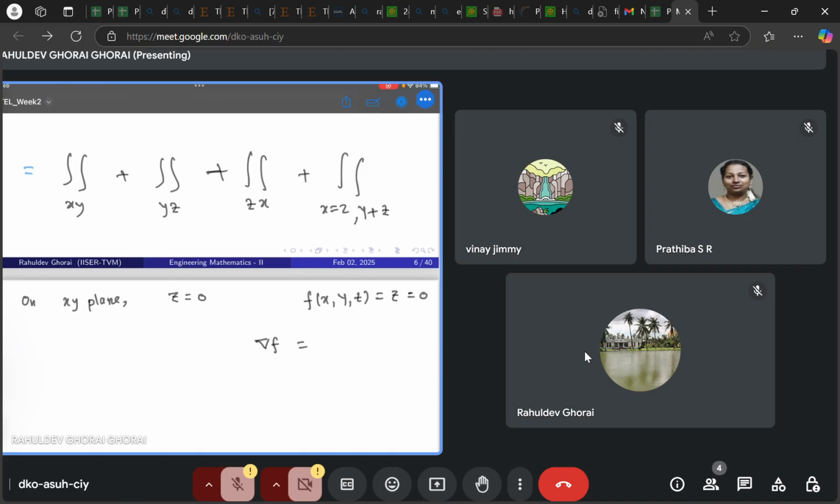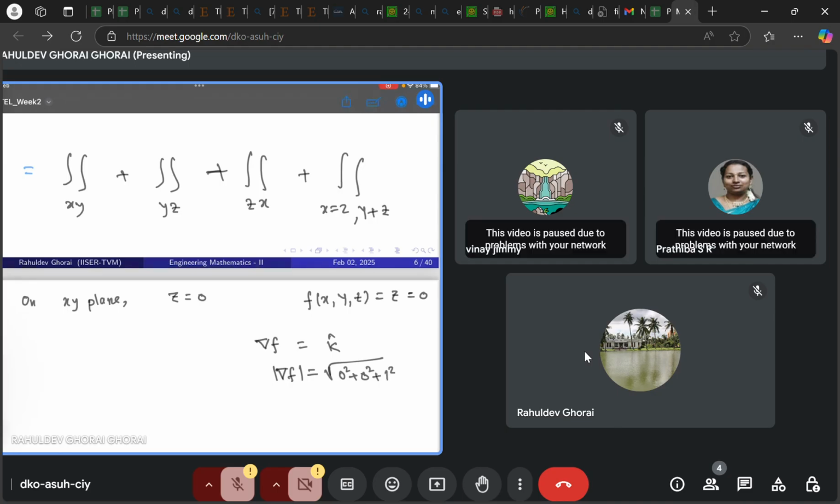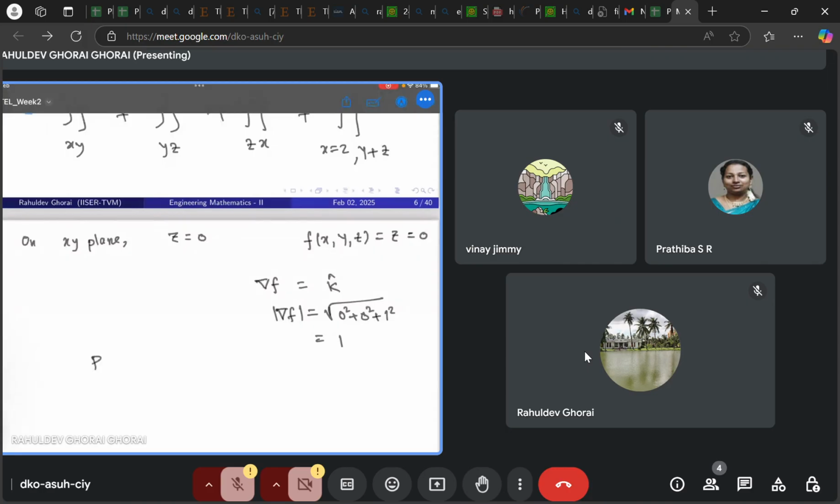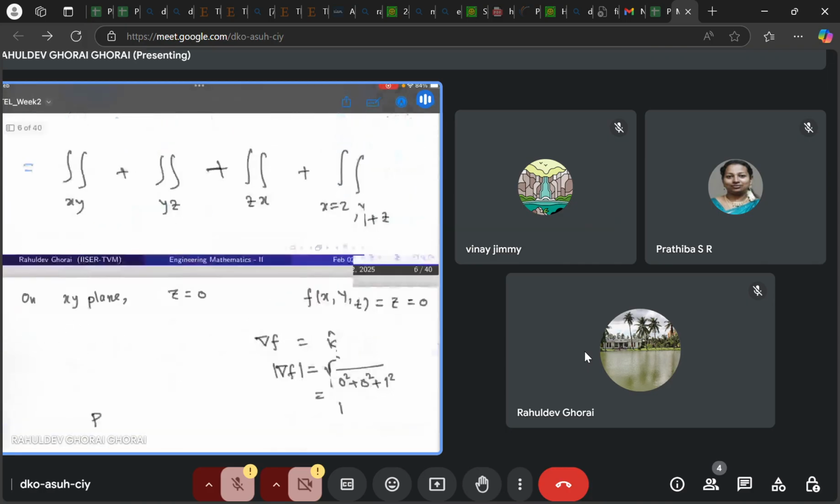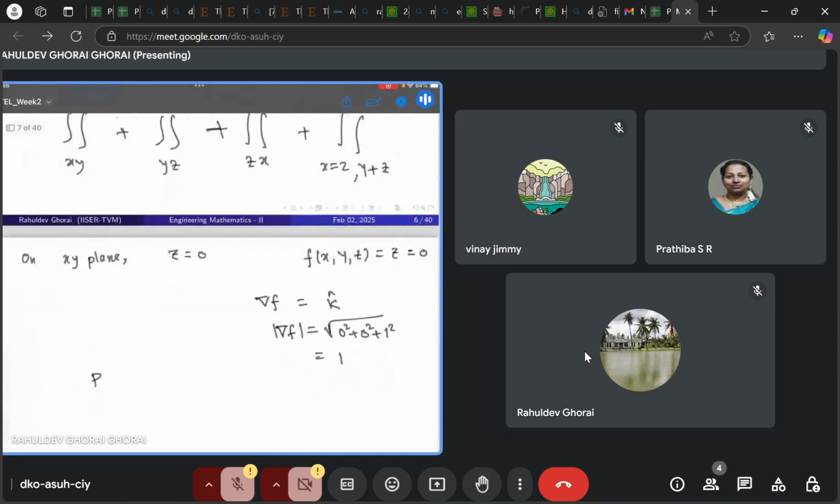So what will be the gradient of f? That will be only k cap, right? So the modulus of gradient of f will be 1, because it is equal to 0 square plus 0 square plus 1 square, which is 1. And what about p? P is the unit outward normal to the plane.